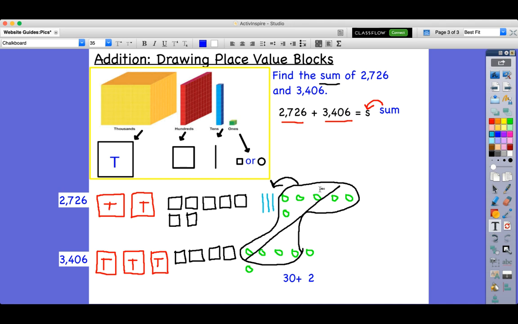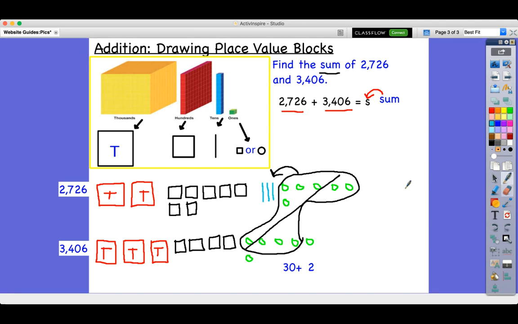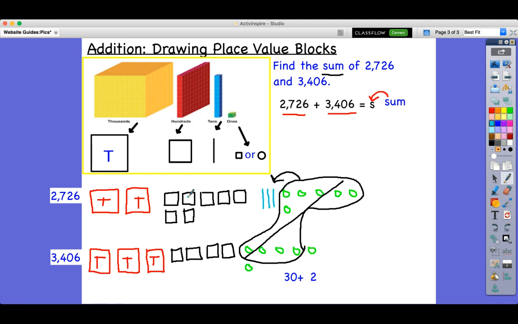Now I'm going to go on and count my hundreds. So 100, 200, 300, 400, 500, 600, 700, 800, 900, 10 hundreds, or 1,000.